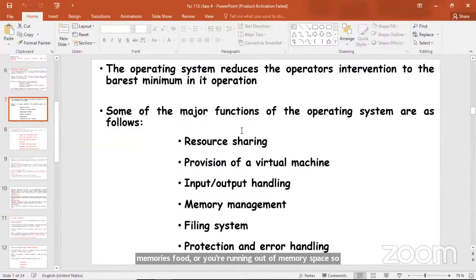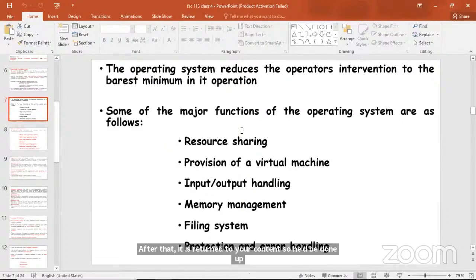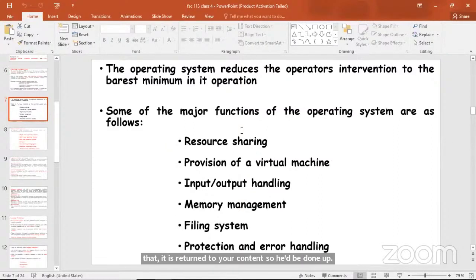So it can sort that out. After that, it is returned to your computer system. So input and output handling: when you type on your screen, that's input. When you print out, that is output. Memory management: a lot of memory having to interact during the workings of the computer system.